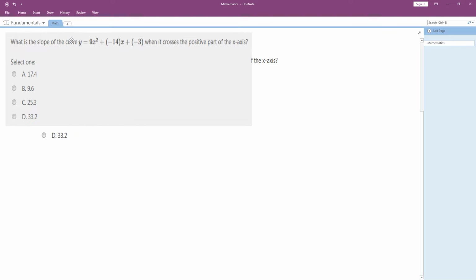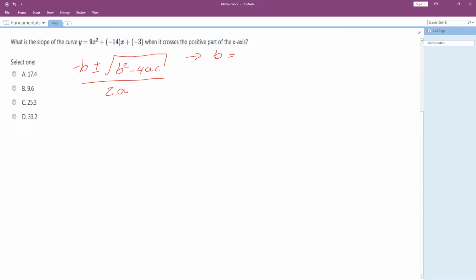Okay, so the first thing I'm going to do is use the quadratic formula: negative b plus or minus the square root of b squared minus 4ac, over 2a. Here b is equal to negative 14, a is equal to 9, and c is equal to negative 3.